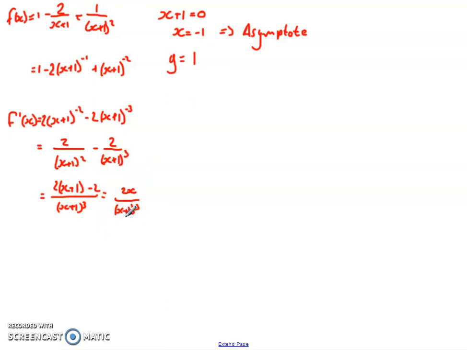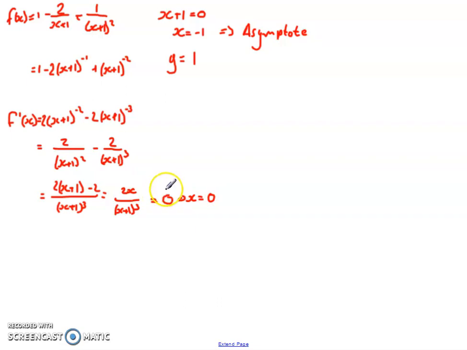So there's my first derivative there, and we know for the stationary point, that has to equal 0. Well, for that to equal 0, the top line equals 0, so therefore the x value is going to be at 0 itself. 2x equals 0, x has to be equal to 0.